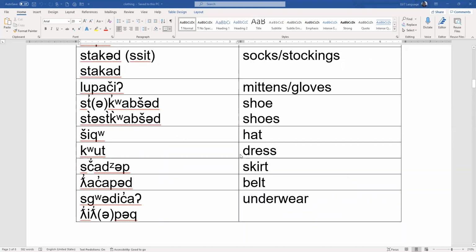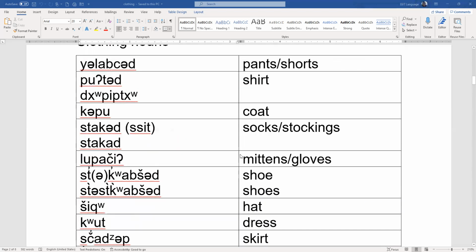Slugwish teed, yolopsit. Slugwish teed, poop.